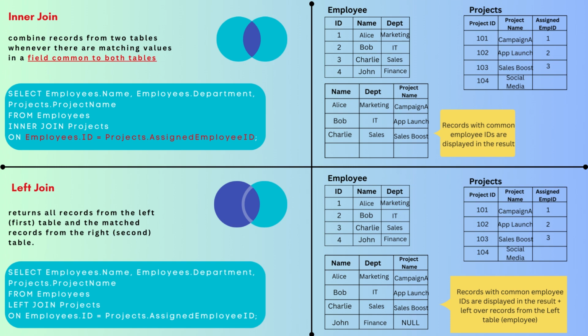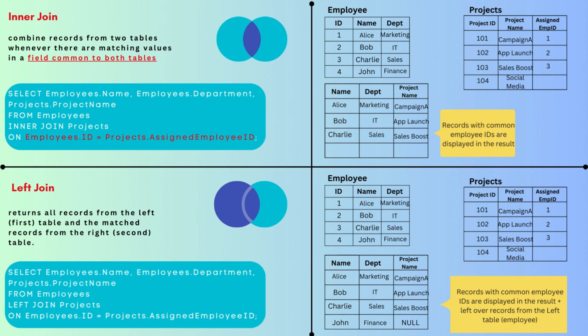Now let's talk about what is left join. Left join returns all the records from the left table, meaning the first table, or in our case the employees table, and matched records from the right table, that is the second table, projects.